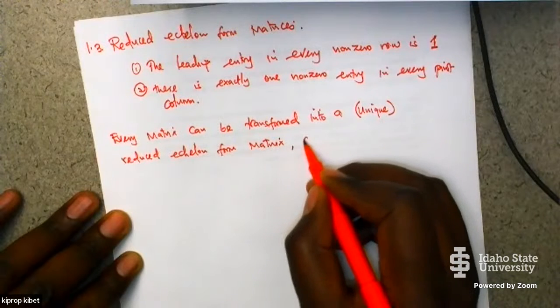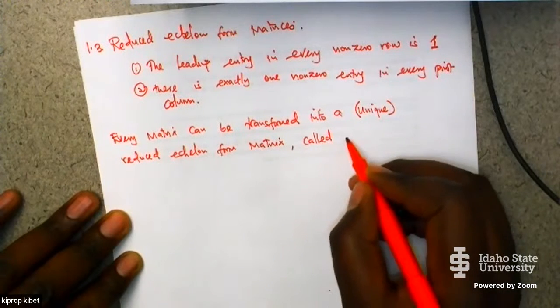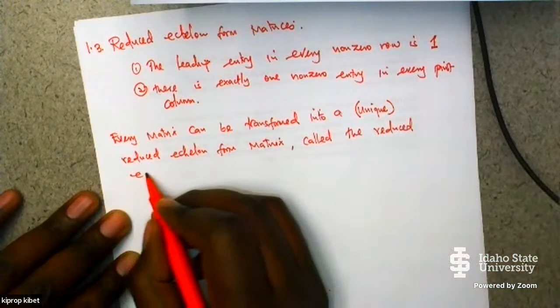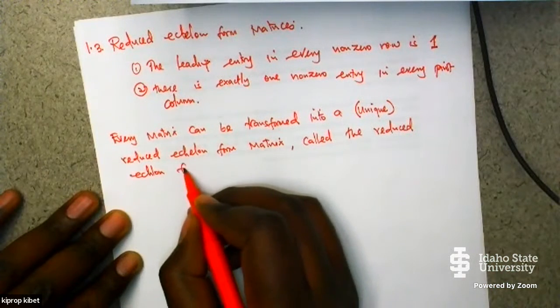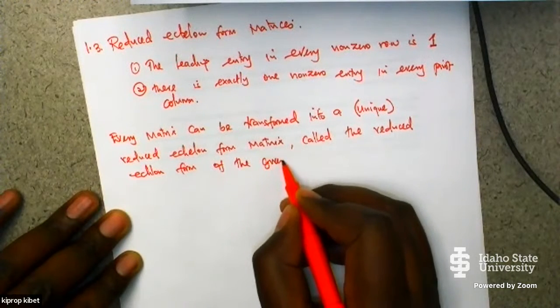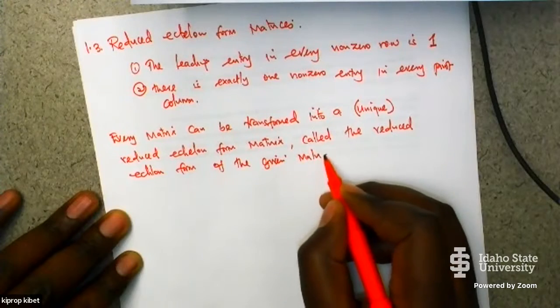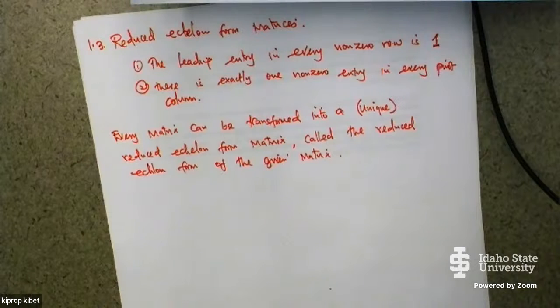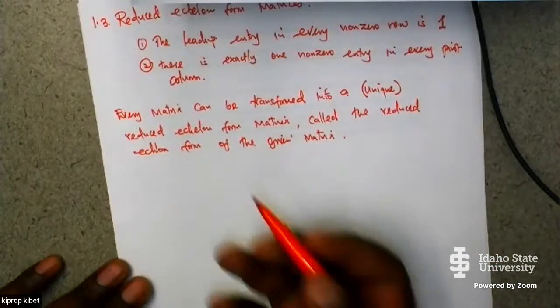And this is called the reduced echelon form of the given matrix. So what are the procedures of reducing this matrix? Let's look at the procedures of reducing this.